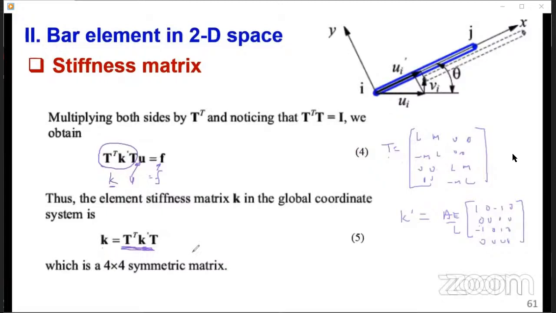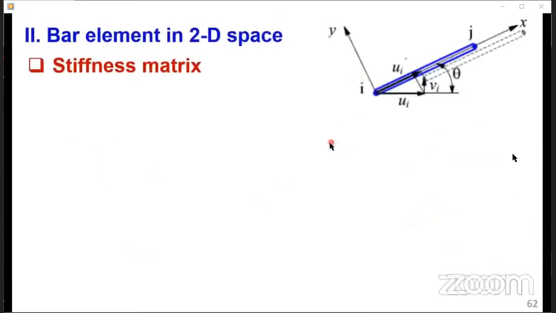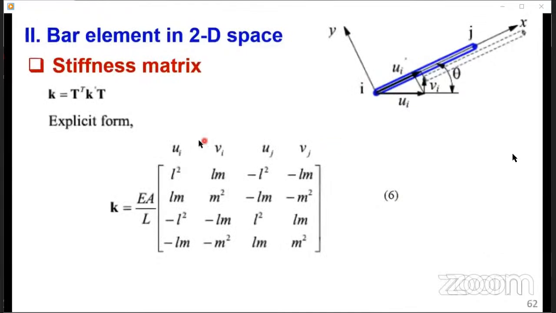And then you do this multiplication, which is matrix operations, and I don't intend to go in that direction. So I'm just going to give you the overall equation. Once you do this multiplication, this is what you're looking for, the transformed or global stiffness matrix.